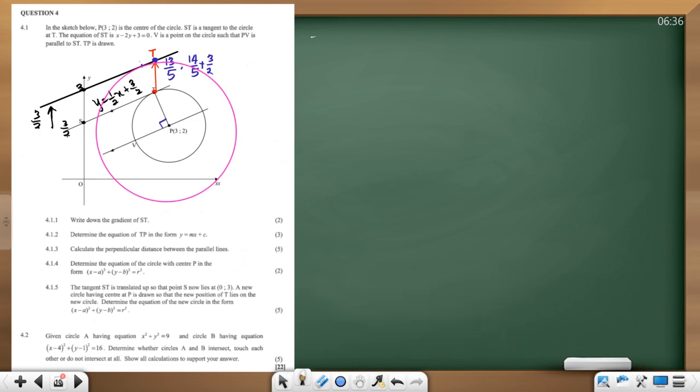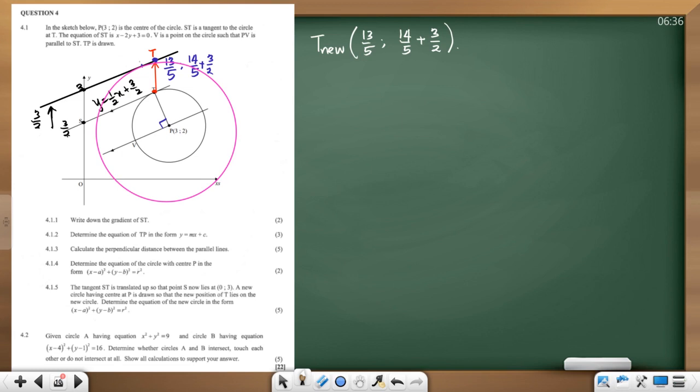So, which means the new coordinate of T new is what? 13 over 5, and then 14 over 5 plus, you know where the 3 over 2 came from, right? What is 3 over 2? That is 28 plus 20 over 10. Okay, no, sorry, 28 plus 15 over 10, okay? We'll use a calculator to get that.